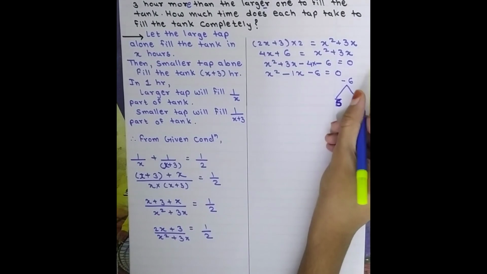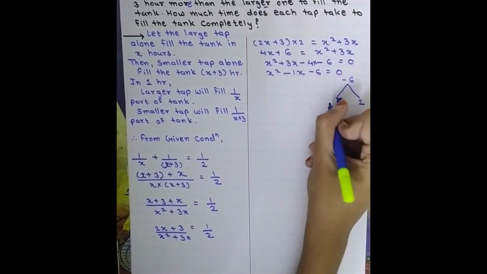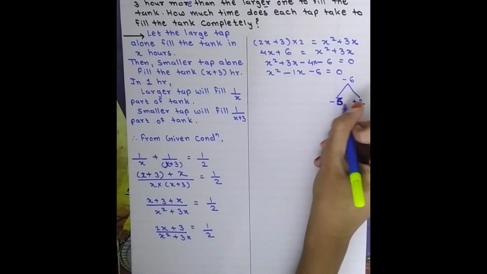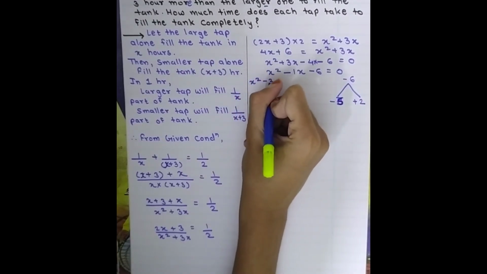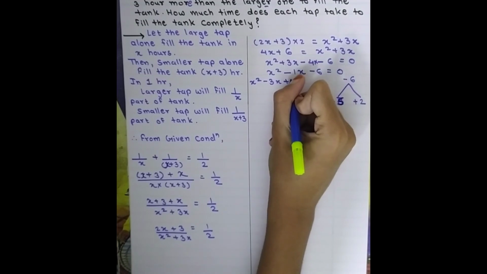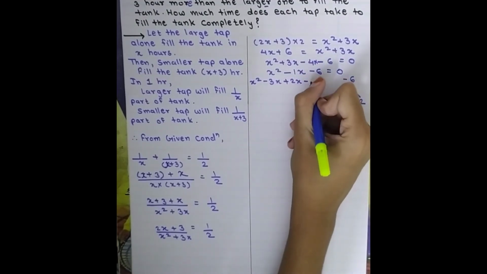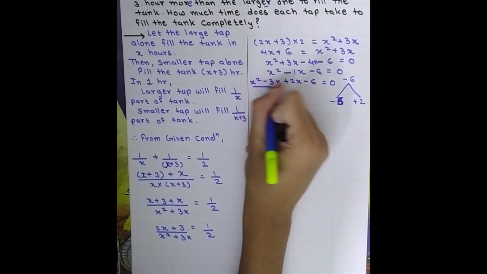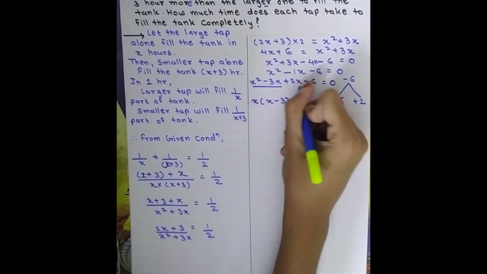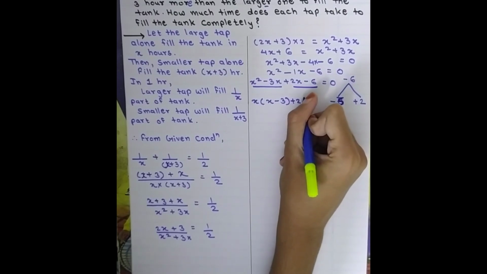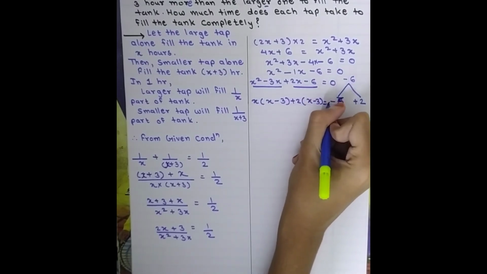So 3 2s are 6, and minus plus, so 3 minus 2 is 1. So x square minus 3x plus 2x minus 6 is equal to 0. From these two, x is common and x minus 3. And from these two, plus 2 is common and x minus 3 is equal to 0.